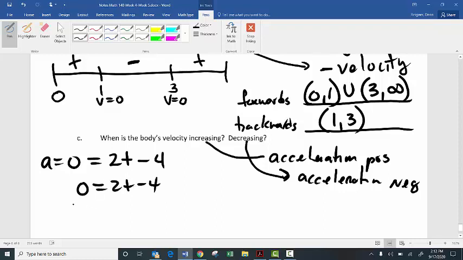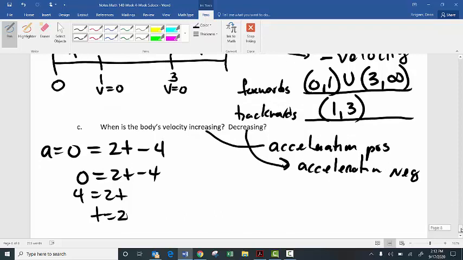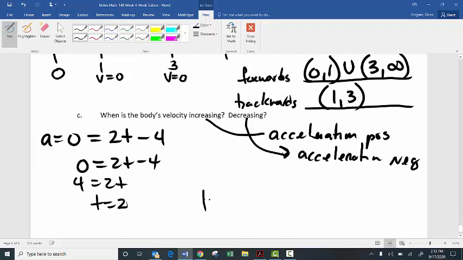So you get 4, and it's positive, 2t, so t is 2. So when t is 2, the acceleration is 0, right? So kind of the same thing. T is 2, all right? And the acceleration is 0.